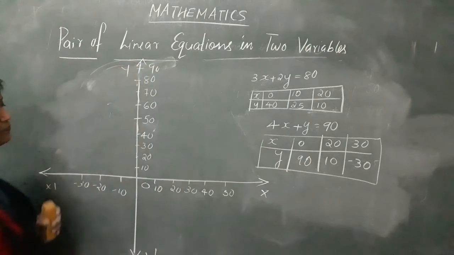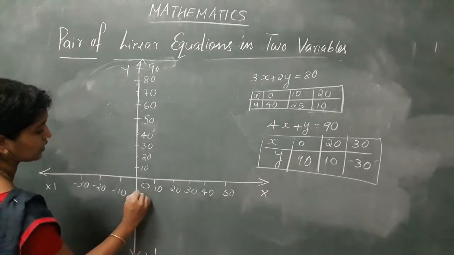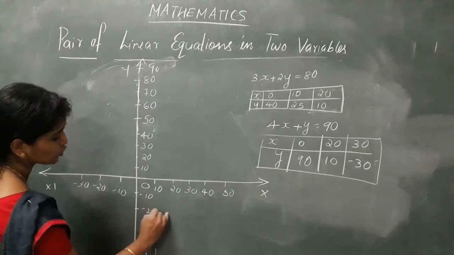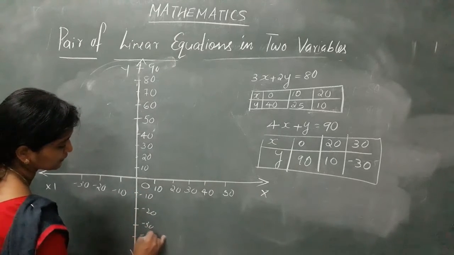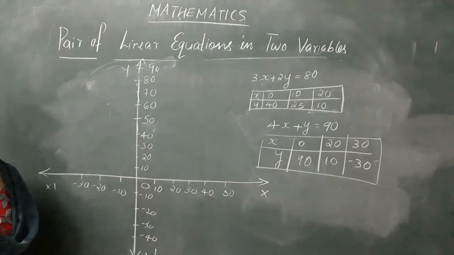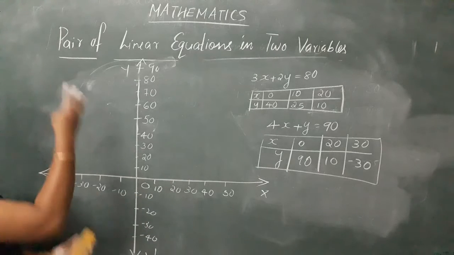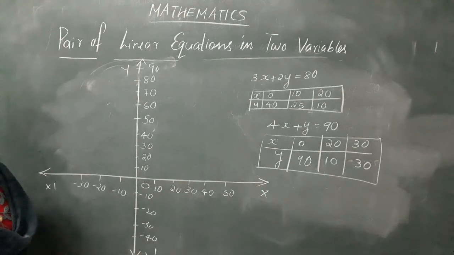This is y. Then the negative side of y, we have up to minus 10, minus 20, minus 30, minus 40. That's enough. Clear? So we can take the values according to that. But whichever scale we use for the x-axis, use the same scale for the y-axis also.